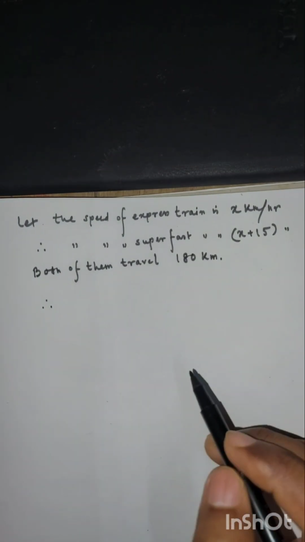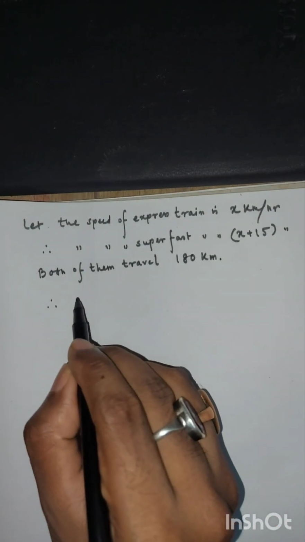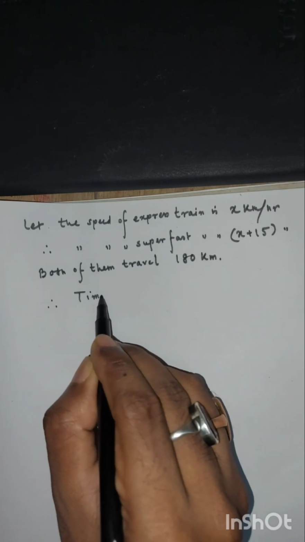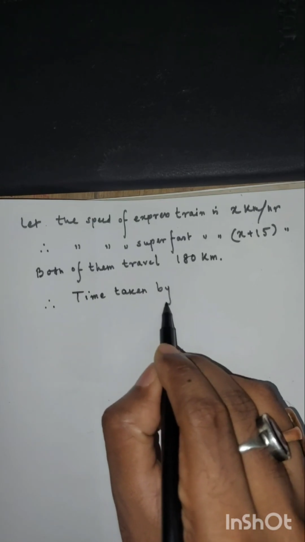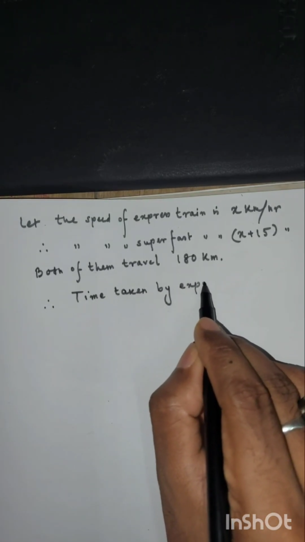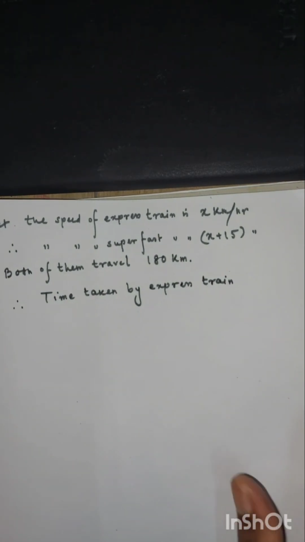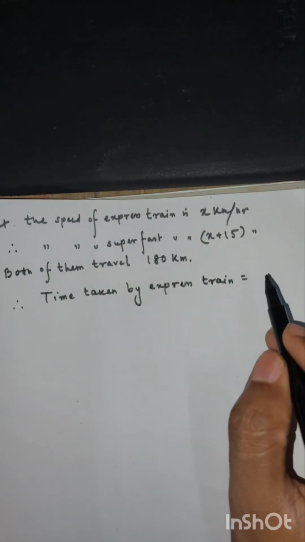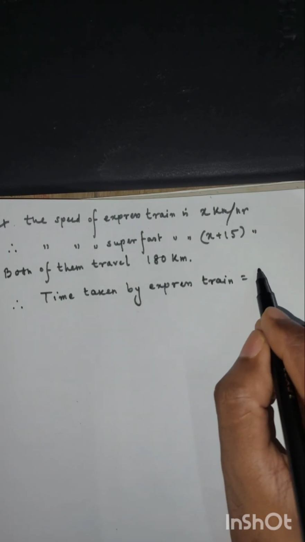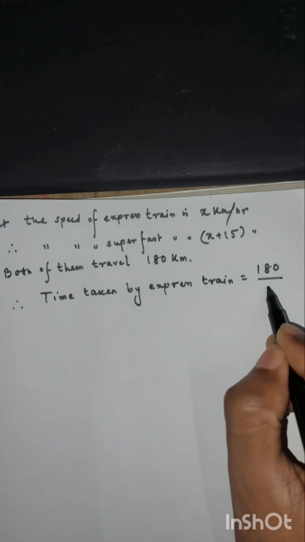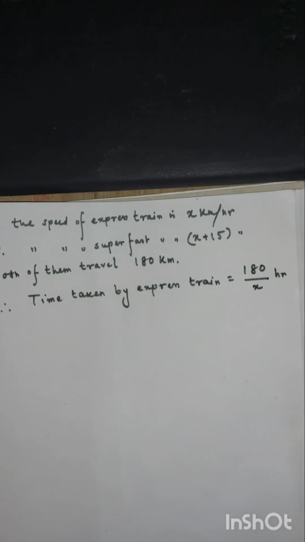Therefore, time taken by express train equals 180 by x hour. Distance by speed is time.